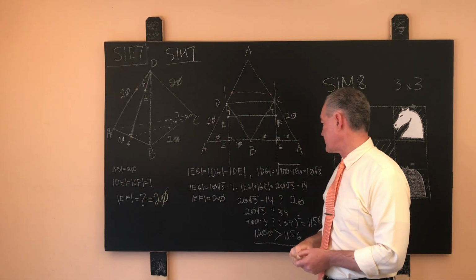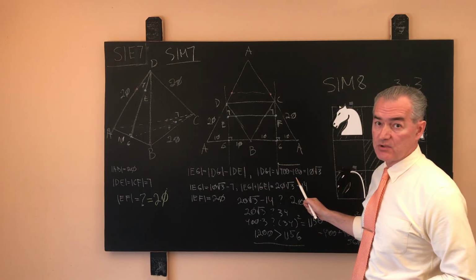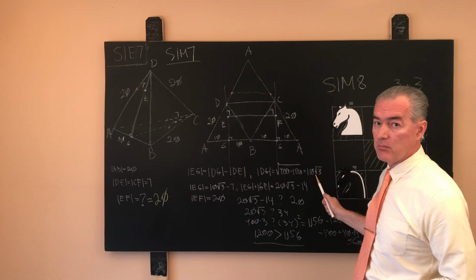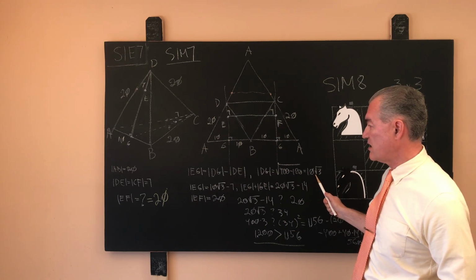So 10 squared is 100, 400 minus 100, 300. Square root of 300 is 10 scaled up by square root of 3.